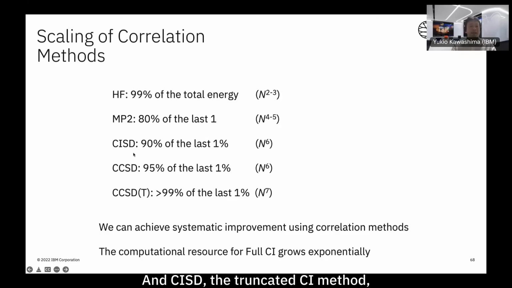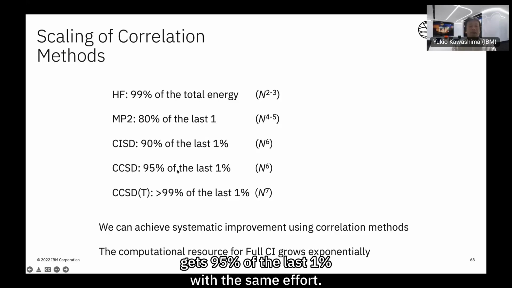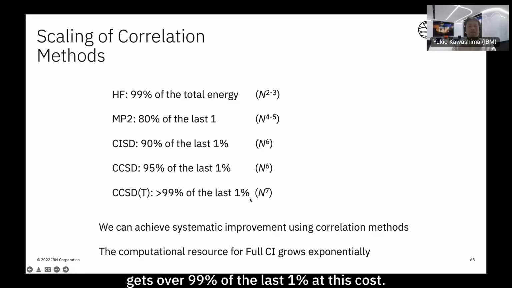And CISD, the truncated CI method, gains 90% of the last 1% with the order of n to the power of 6. And CCSD, the truncated coupled cluster, gets 95% of the last 1% with the same effort. And CCSD(T), the gold standard, gets over 99% of the last 1% at this cost.